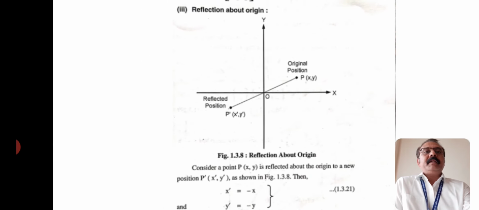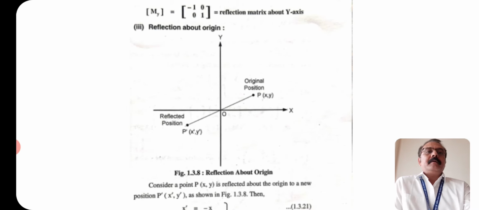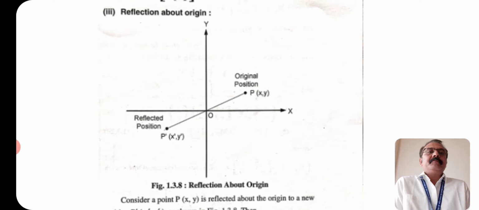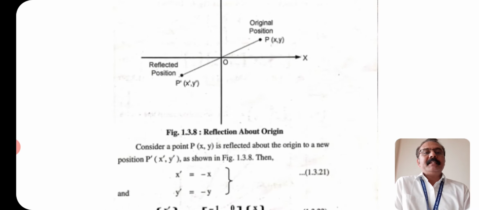Similarly, the third case, reflection about origin. Point P is given with coordinates (x, y). Now it is to be reflected about the origin. From the geometry, it is observed that x' is equal to minus x and y' is equal to minus y. Therefore the coordinates are minus 1, minus 1.